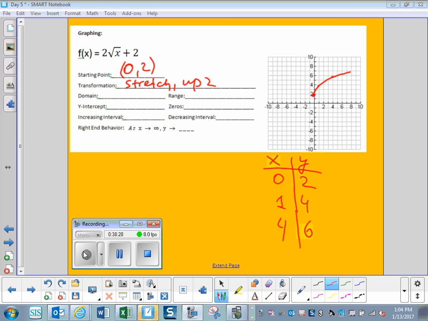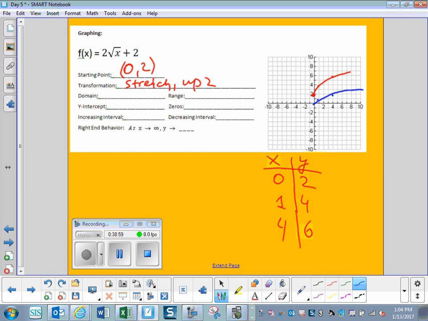So I see that it matches. The parent function used to be like this, and my function seems to be stretched out vertically and up 2, and it doesn't move left or right. So looks good. I figured my transformations from the formula. I figured my graph from either the graphing calculator or just substituting x's and getting my y's. And then I compared the two, and they align together.